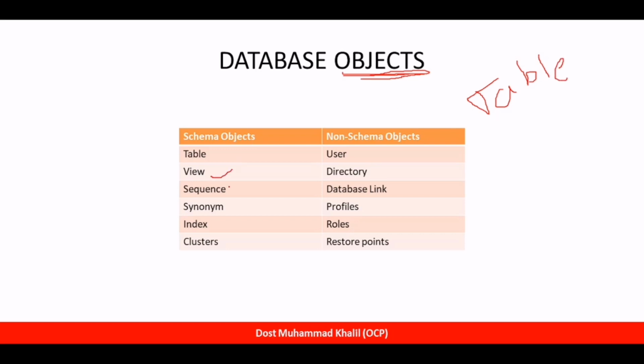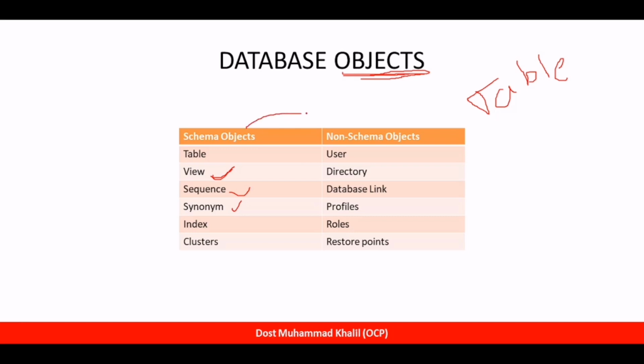Similarly, view; there are some types of view which don't acquire space and some which do, but we have kept it in objects. Sequence, synonyms, indexes, clusters. If you don't know about view, sequence, synonym, index, cluster, don't worry, I will explain them in the coming videos. Now you have the knowledge about objects.